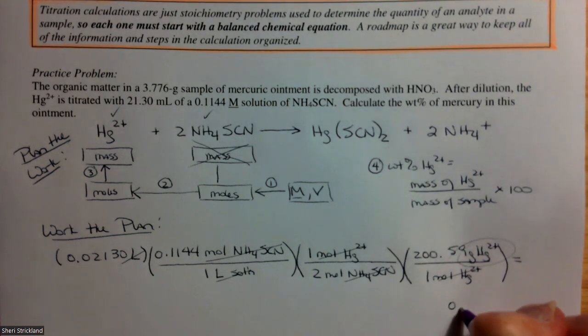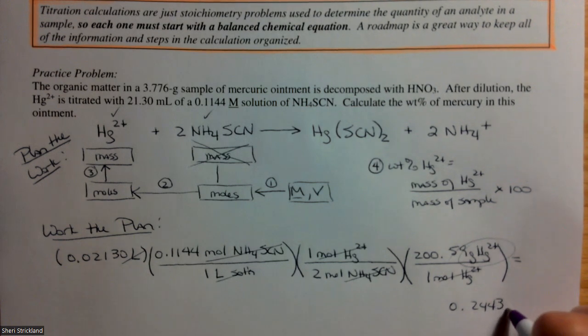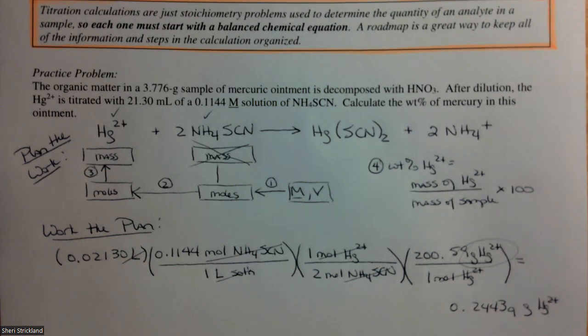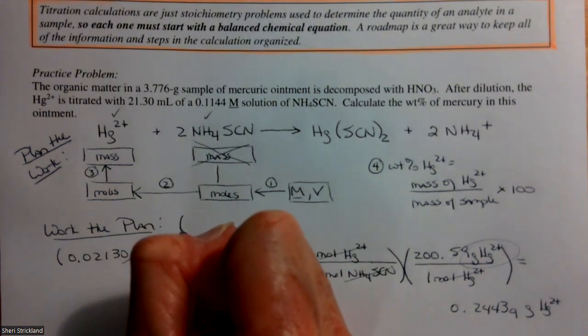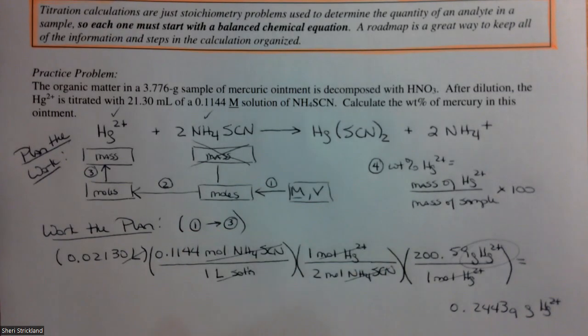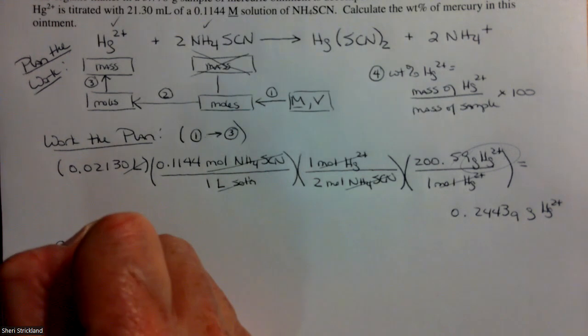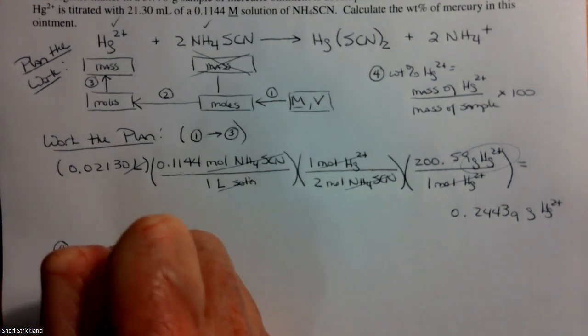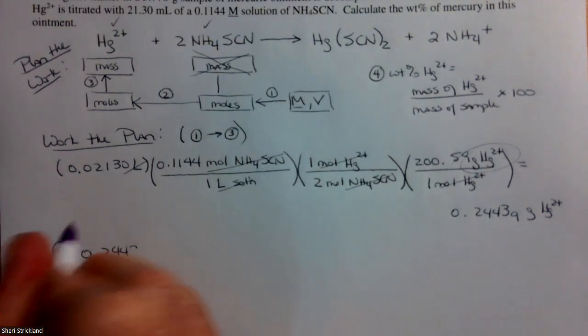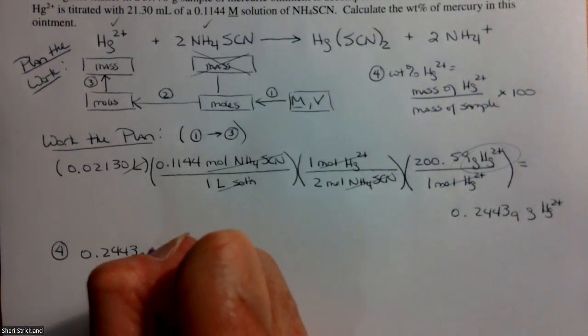And I got 0.244 with the guard digit of 9, 3. So to do our fourth step, what we need is the mass of the mercury 2 that we determined, plus the mass of the sample, which was given in the original.